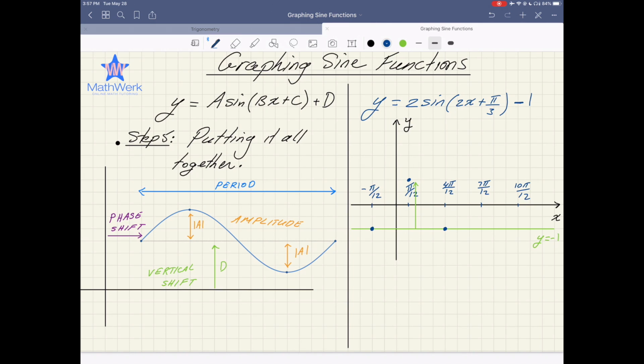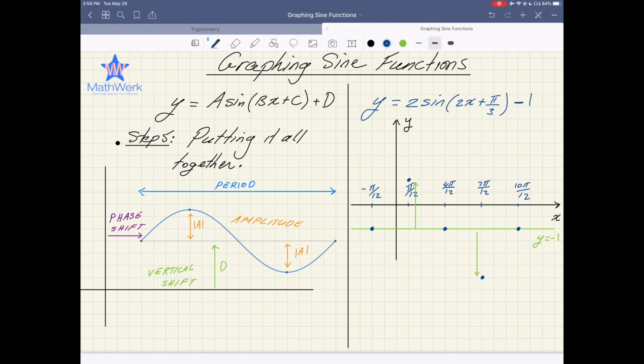And then for the fourth point, we go down to the lowest point, which is, again, 2 units below. It's right here. So that's this point here. And then for the last point, we go back to the equilibrium, just right here.